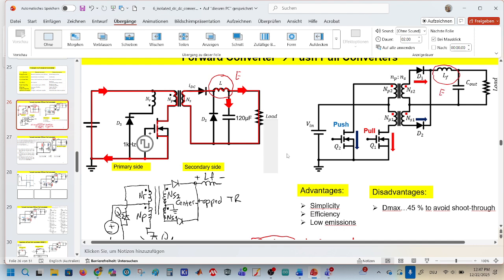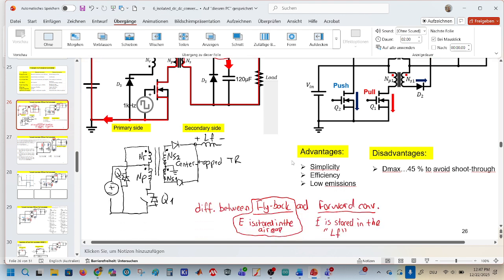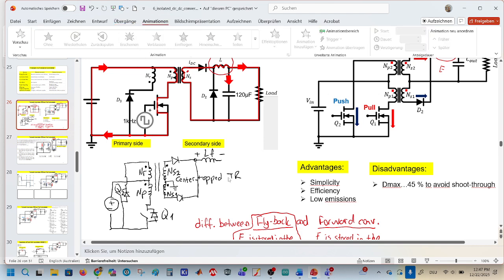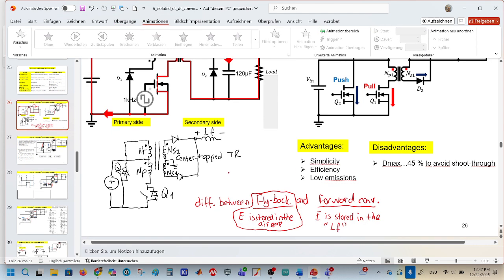This was the main difference between the two converters. Please, in the exam, be careful by showing the polarity of the primary and secondary side of the transformer. So this was for the forward converter.